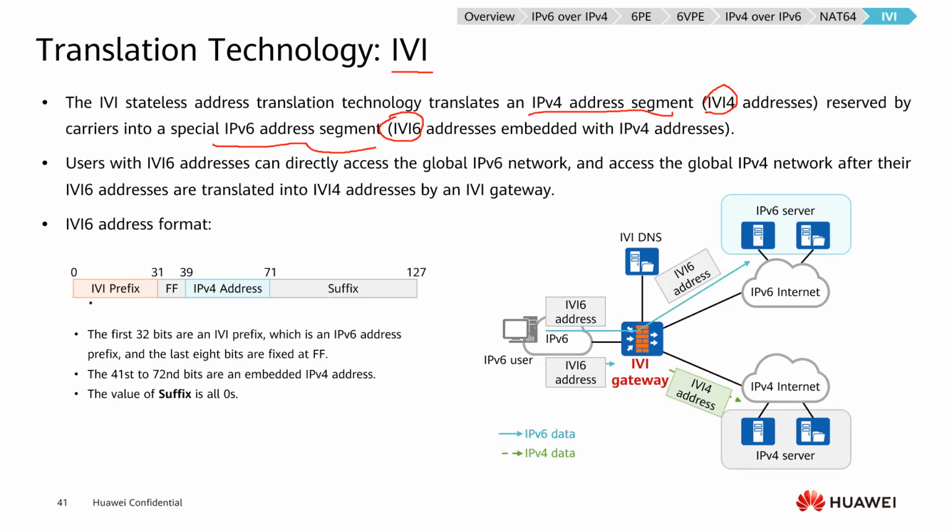It has the IVI prefix. The first 32 bits are the IVI prefix, and this prefix has been reserved by the carrier, and then comes 8 bits of FF, and then the IPv4 address, and this IPv4 address is just the IVI4 address, and the final part is all zeros.